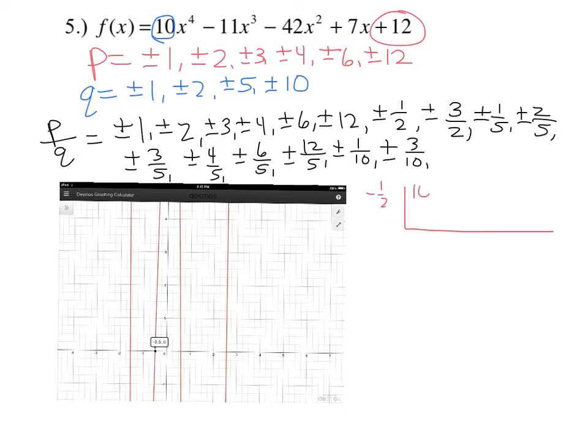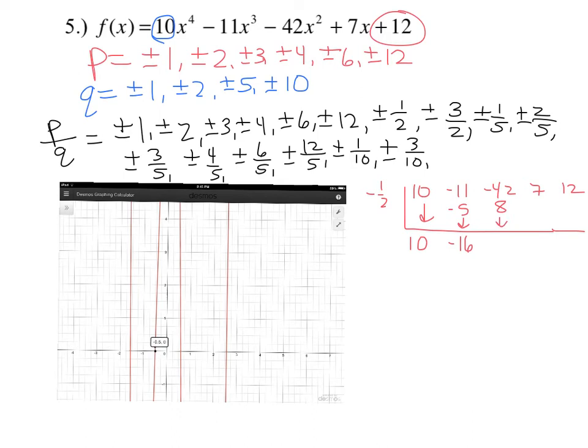So my coefficients: my quartic, my cubic, my quadratic, my linear, my constant. Leading coefficient comes straight down, nothing happens to it. 10 times -1/2, well half of 10 is 5, and so this will be -5. Add those two together, get -16. Negative times a negative will give you a positive, and half of 16 is 8.